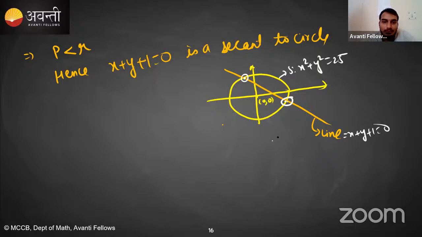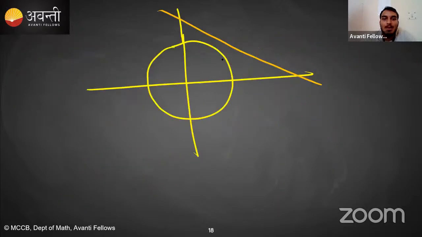And similarly, when the line was passing outside, there is no common x or y which lies on both the line and circle. So when you solve this line and this circle, you should get 0 values of x and y. Yes or no?